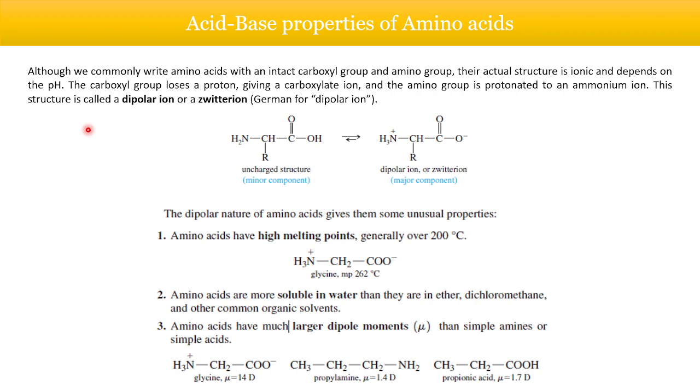Mostly when the amino acid is near its pI, or the isoelectric point, these amino acids would love to stay in the zwitterionic or dipolar form.